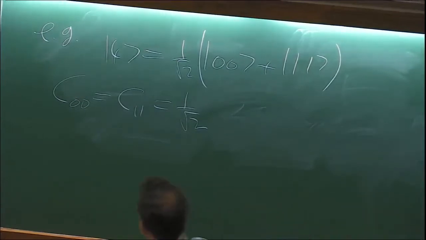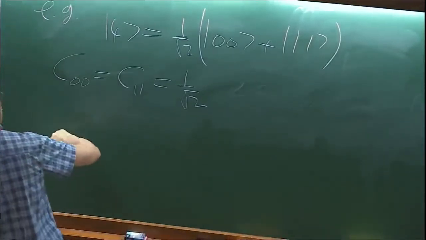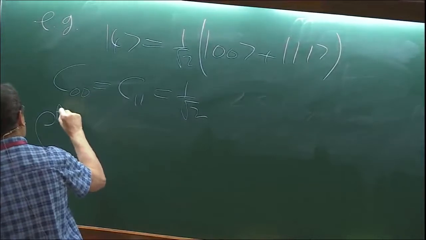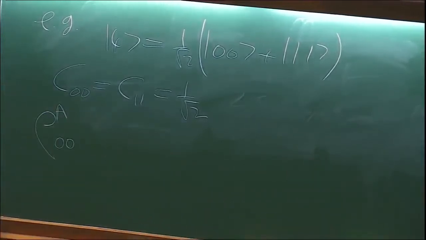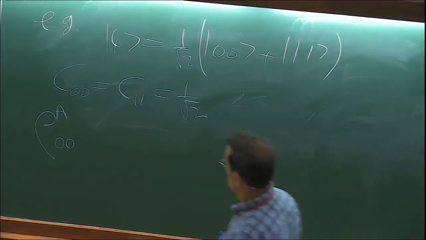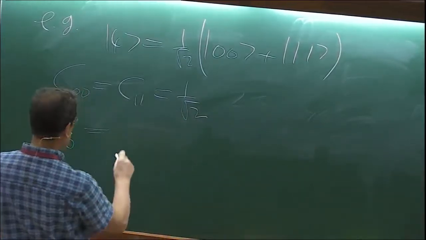So if you work out rho A, which is a 2 by 2 matrix, the 0, 0 element, using this formula, we set x equals x prime equals 0, and only the term where y equals 0 contributes, and you get 1 over root 2 squared.